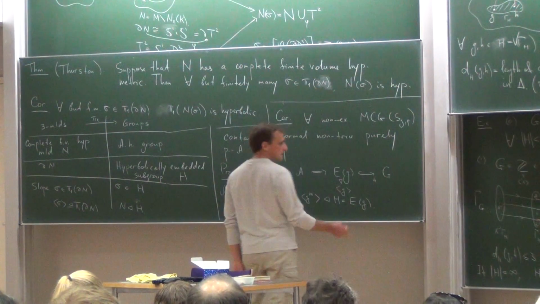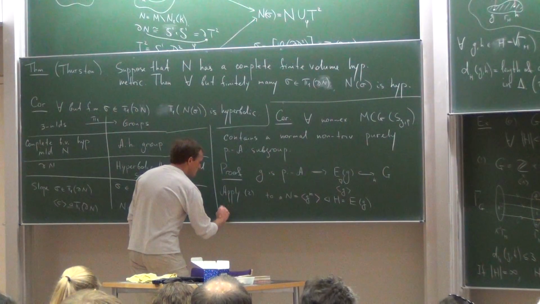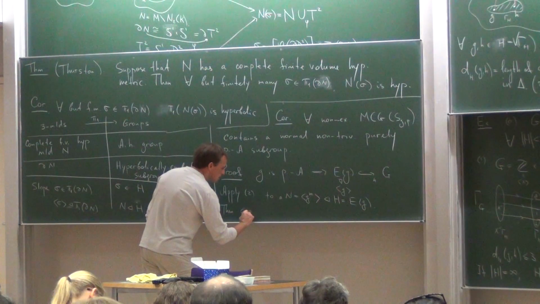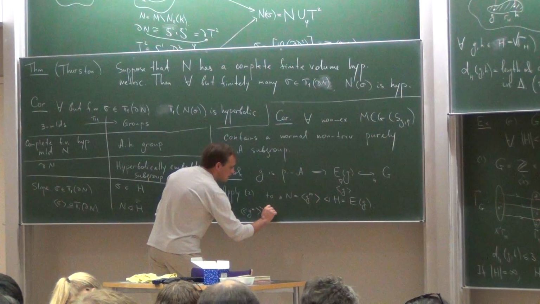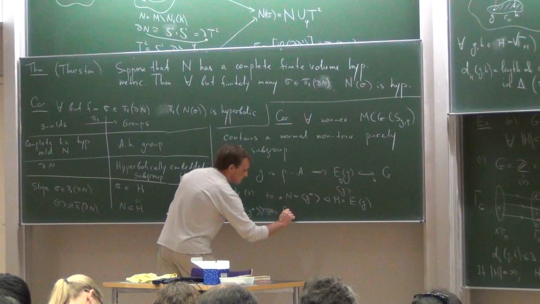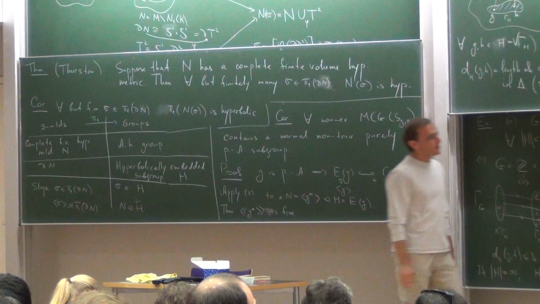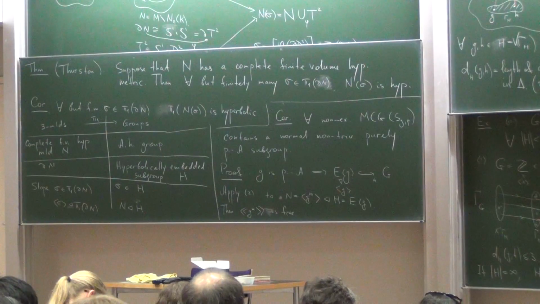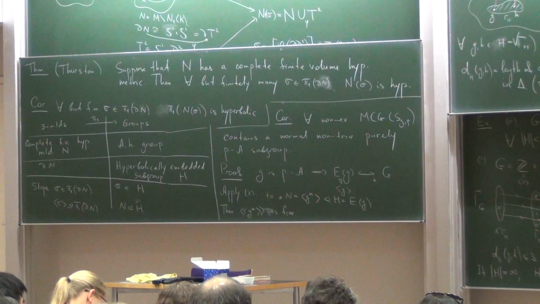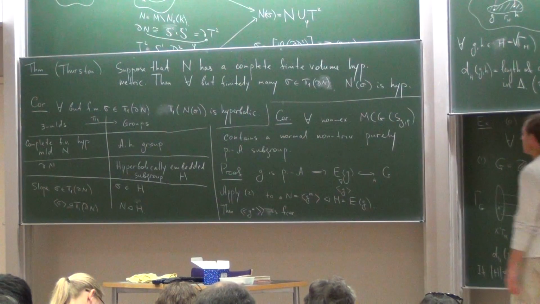So then the second condition of the theorem tells me that the normal closure of g to the m is free. Well, the theorem tells me that it's a free product of copies of N. N is an infinite cyclic subgroup in this case. A free product of infinite cyclic subgroups is free.